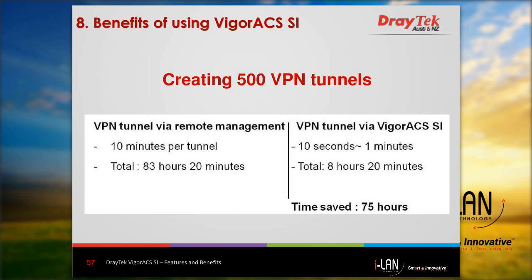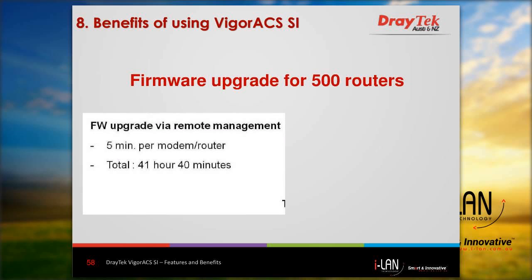Another example we'll look at is the amount of time it takes to upgrade the firmware for 500 routers. If we were to log in remotely into each router to upgrade the firmware manually, it'll take around about 5 minutes per router. So to upgrade 500 routers, it'll take about 41 hours and 40 minutes, which is quite a long time.